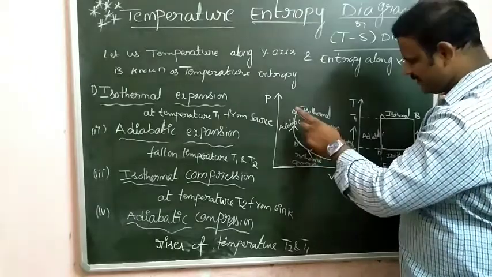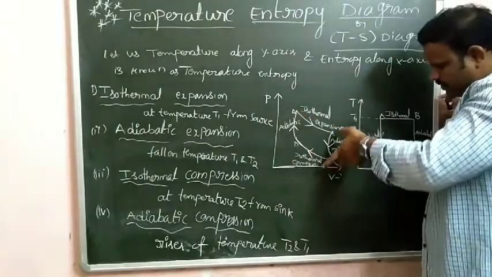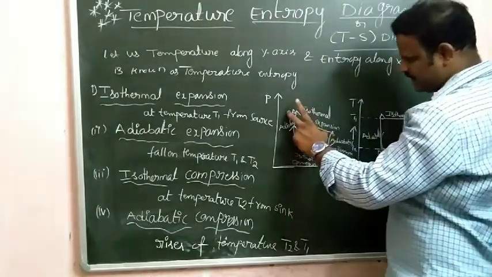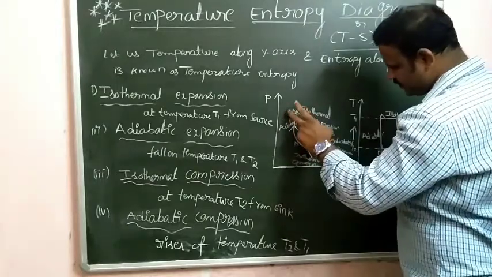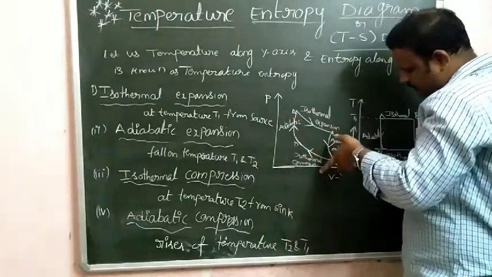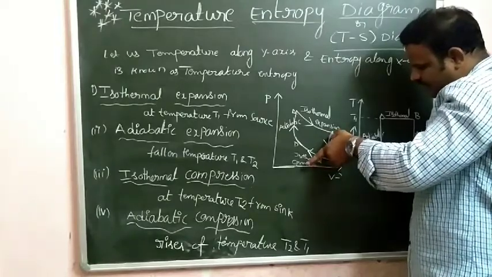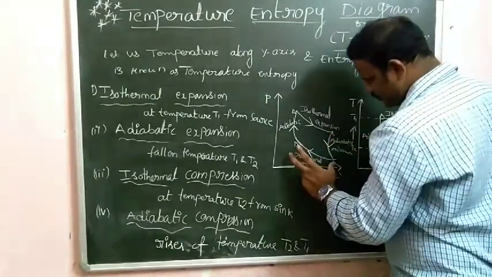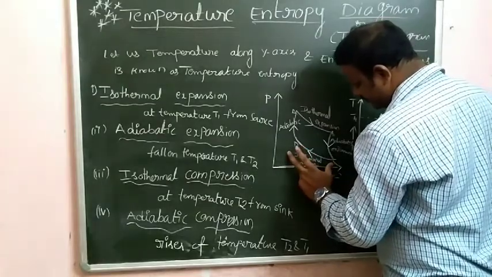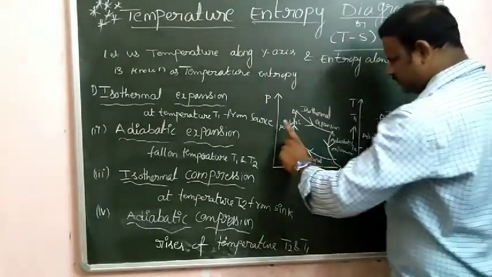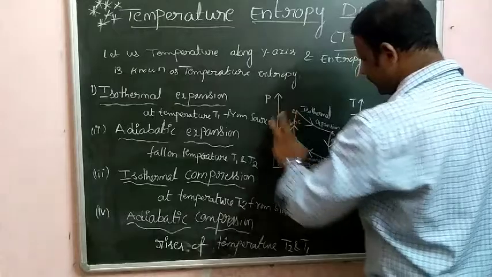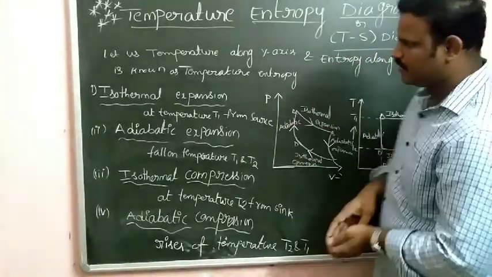This is the isothermal expansion, adiabatic expansion. Isothermal expansion is represented by the straight line AB, adiabatic expansion by BC, isothermal compression by CD, and adiabatic compression by DA.